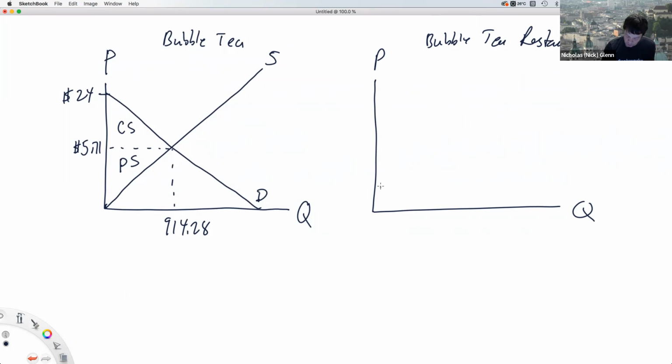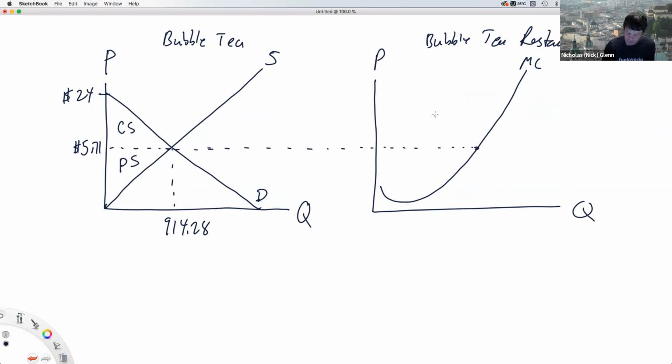And so we're going to say their marginal cost is right here. And so when the price is $5.71, this is where they're going to produce, right here.